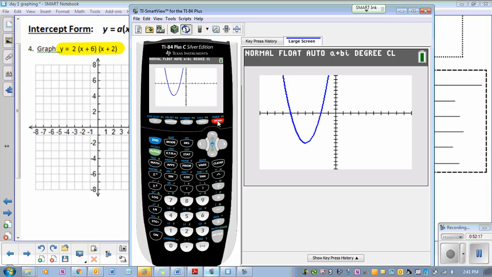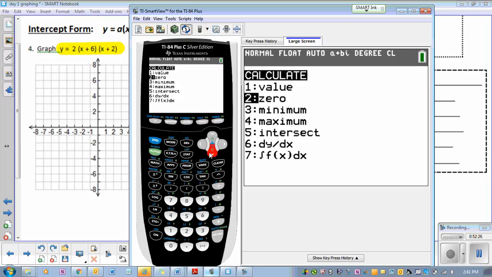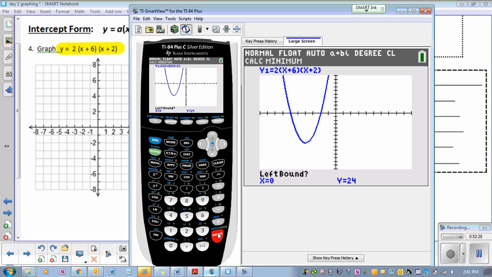Now, is this a minimum or a maximum, Jose? A minimum. Okay, so second trace, minimum. My Blinking Bob still hasn't come down. Okay, there he is. So I'm going to go to this minimum, and that's my starting point.